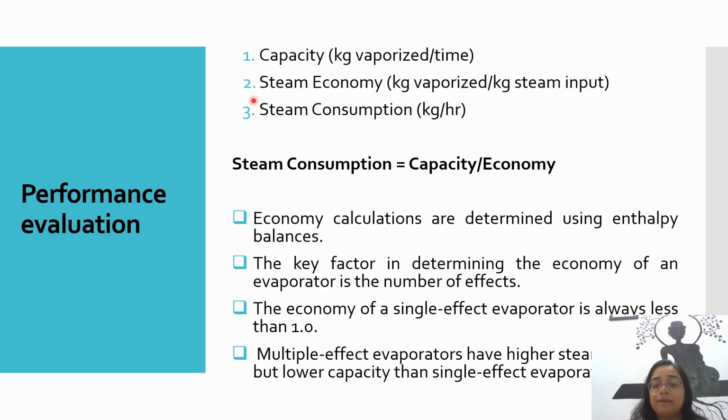In the single effect evaporator, the steam economy is always less than 1. That means if we give 1 kg of steam, it will not produce 1 kg of water vapor. It will produce a smaller amount of water vapor. So I think the concept of steam economy is already clear. That means how much steam we are giving, and with this steam how much water vapor we can produce. The ratio of these two is known as the steam economy.